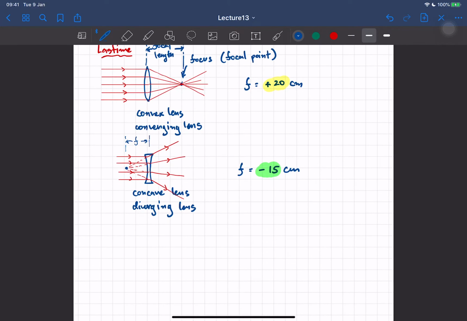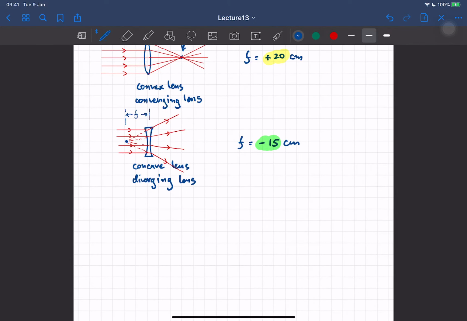So we have one equation which is called the lens equation, or the mirror equation if we use it for today's material, which is for mirrors. So it's a mirror or lens equation. And it's a simple equation, 1 over F equals 1 over SI plus 1 over SO, right?